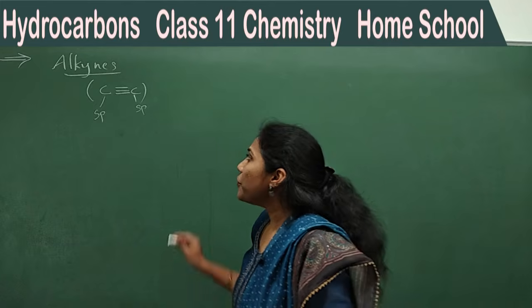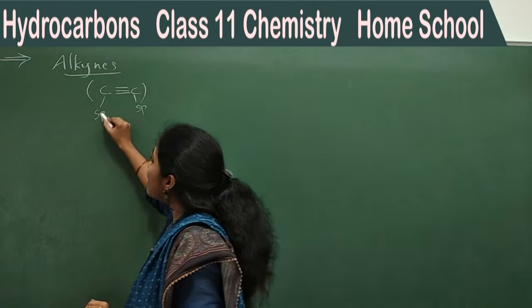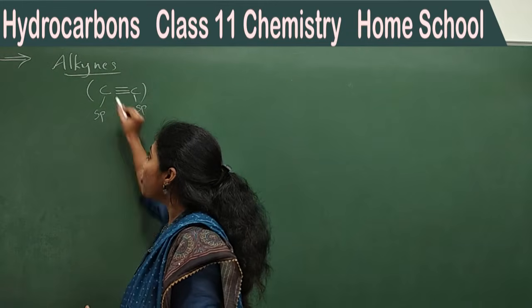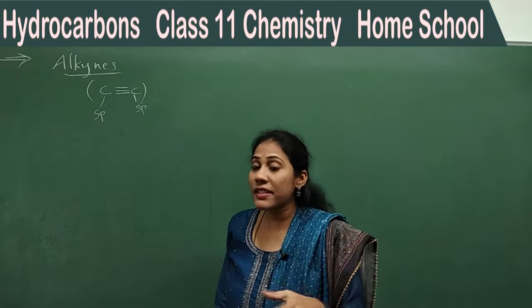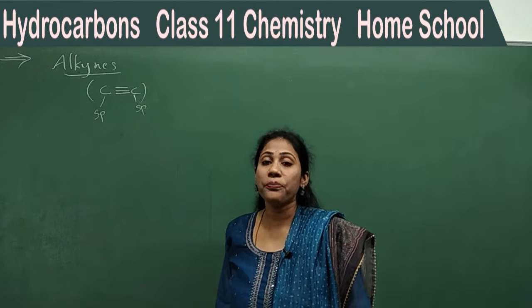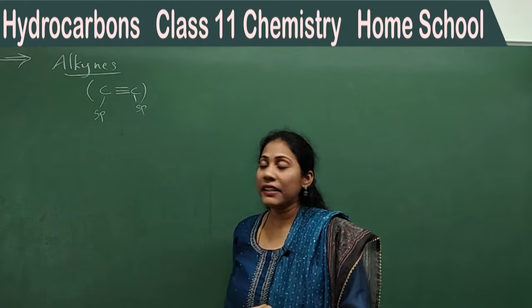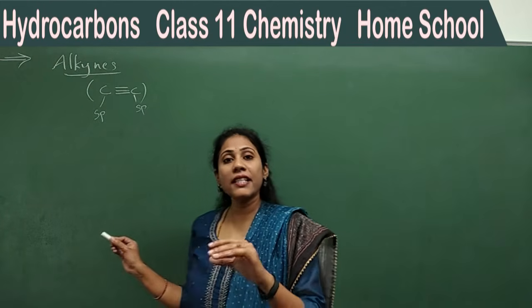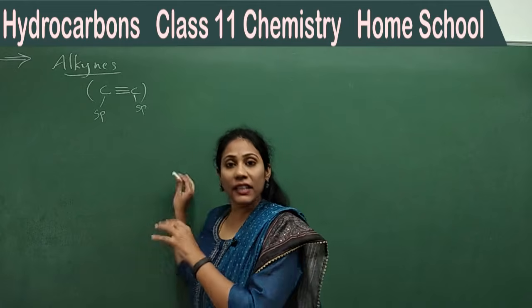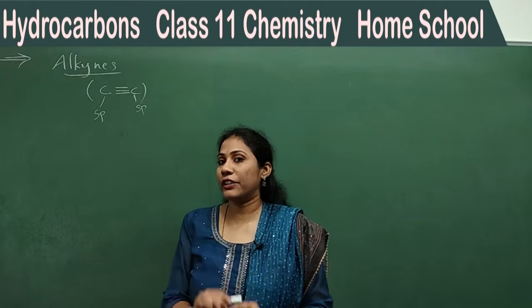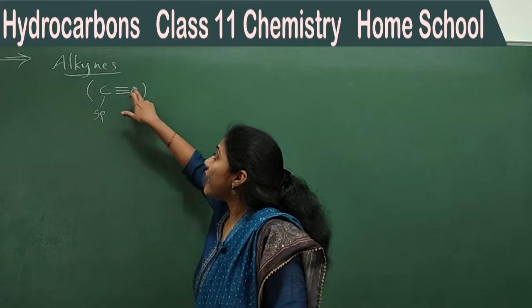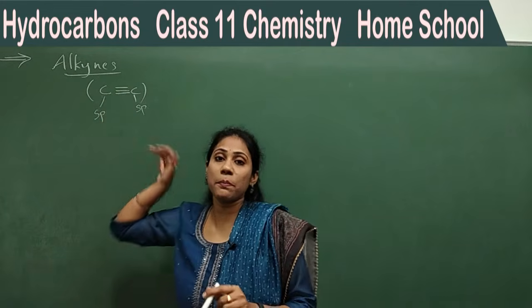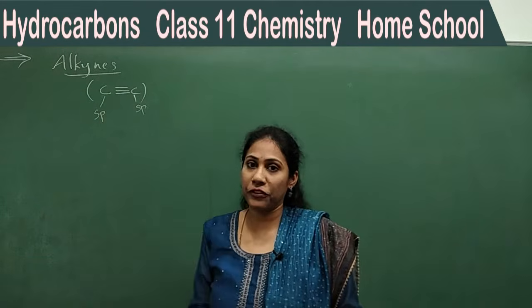So since these carbons have sp hybridization, these carbon atoms are more reactive. That means they are more electronegative. So I can say that compared to alkenes and alkanes, alkynes are very, very reactive hydrocarbons, because of their sp hybridization.